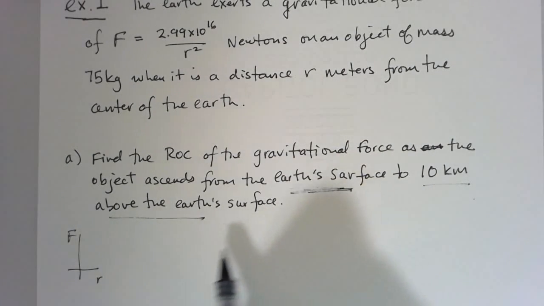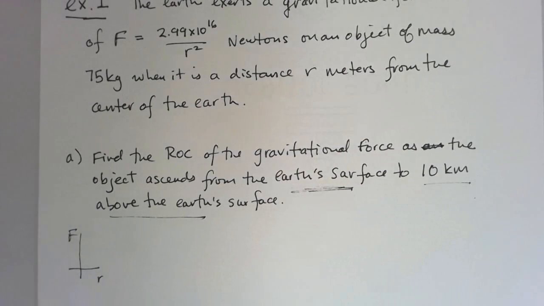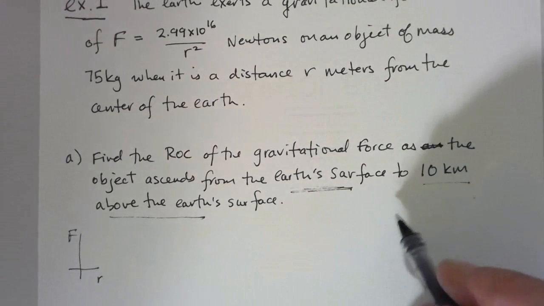And we're not told that distance anywhere in this problem, so we're going to have to look it up. So if I look it up, I get, well, let me see, I got this from this textbook here. The radius of the Earth is 6.77 times 10 to the 6 meters.